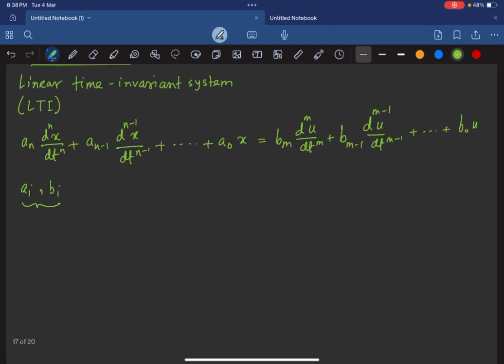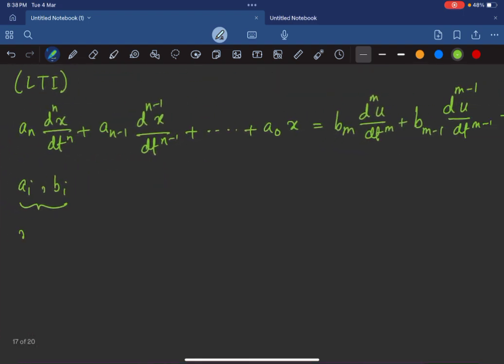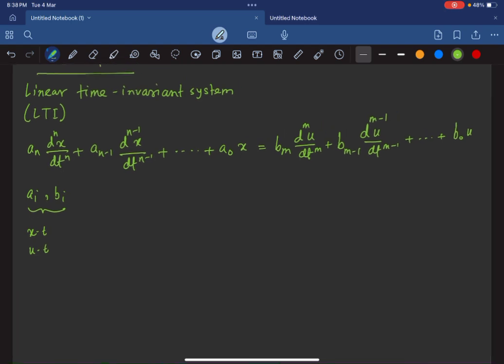Okay, and here in the left hand part, basically you are having x(t), and here in the right hand side you have u(t). So this is a linear time invariant system.